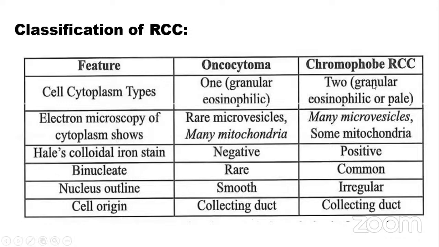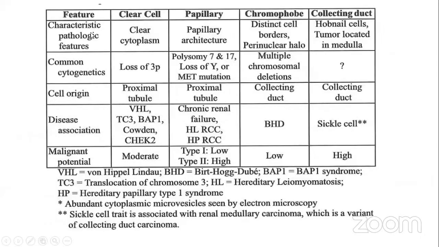Compared with chromophobe RCC, which has two cell cytoplasm types and many microvesicles, is positive for Hale colloidal iron stain, commonly has binucleate cells, and has irregular nuclear outline, with cell origin from the collecting duct. These are the features of each type.